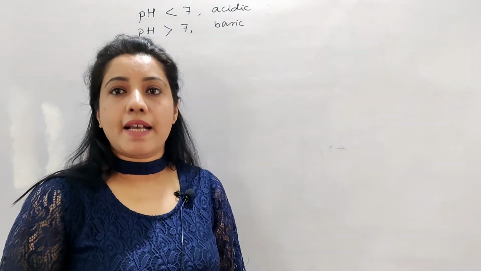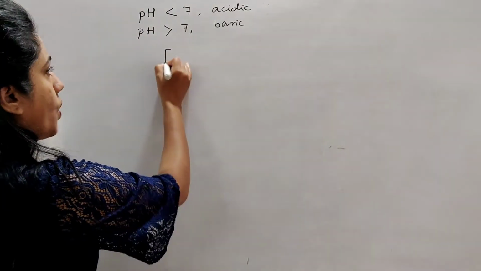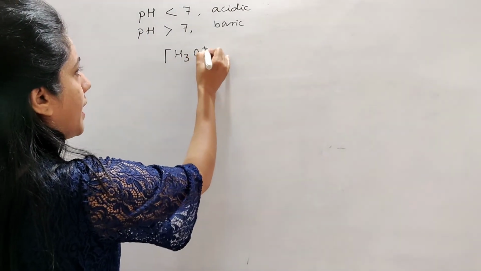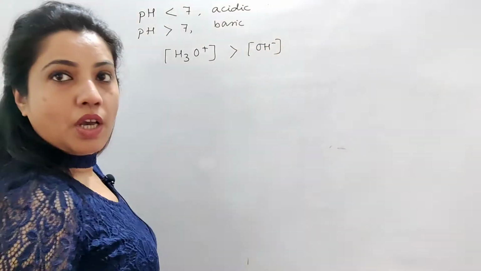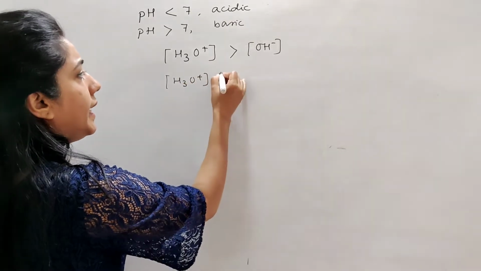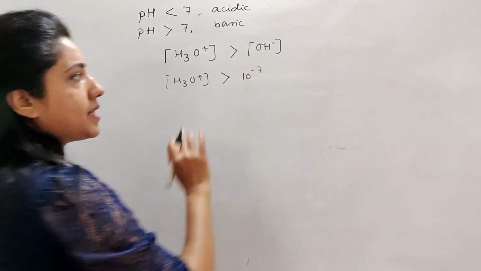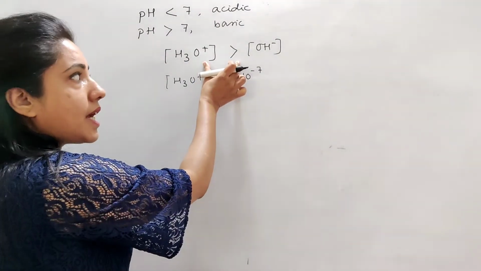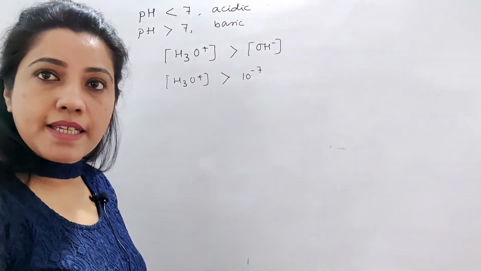Now let us talk about an acidic solution. If we are taking an acidic solution, we know that concentration of H3O plus is greater than concentration of OH minus. So in that case, concentration of H3O plus would be anything greater than 10 raised to power minus 7, right? Because in neutral solution, both the concentrations are equal and each concentration comes out to be 10 raised to power minus 7.